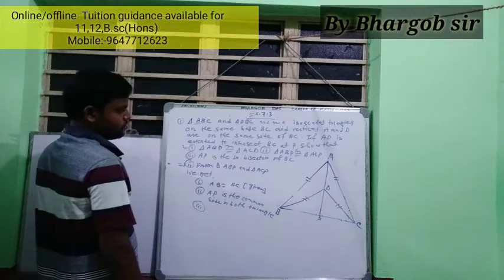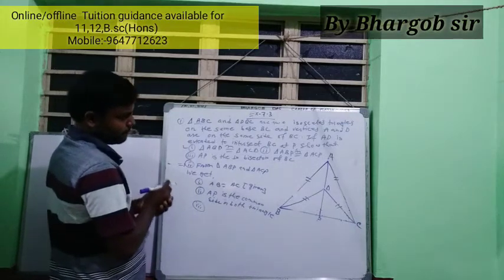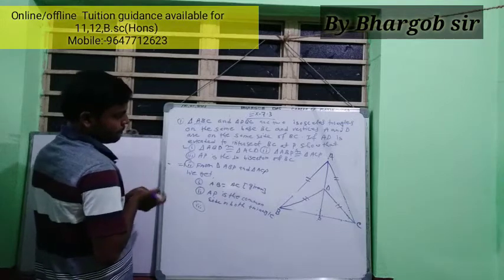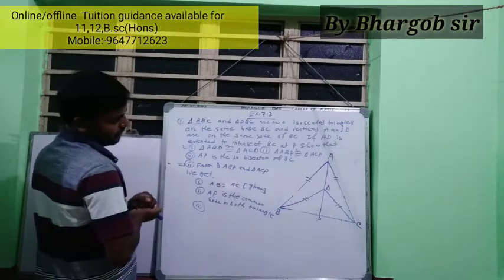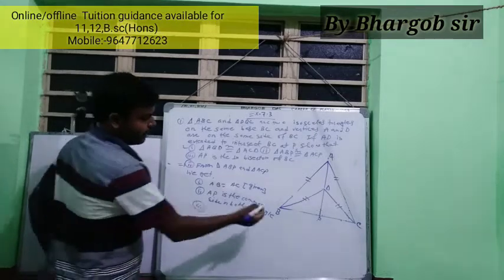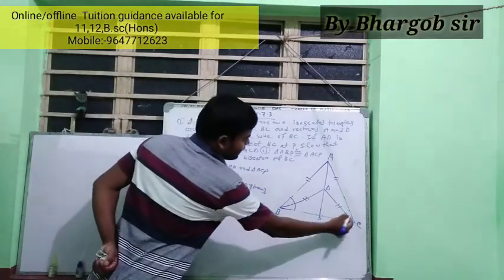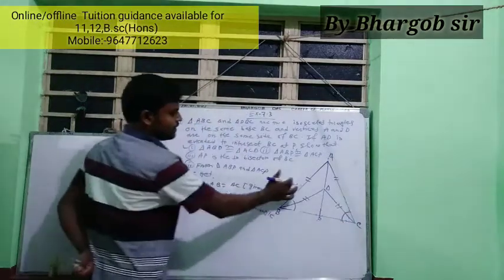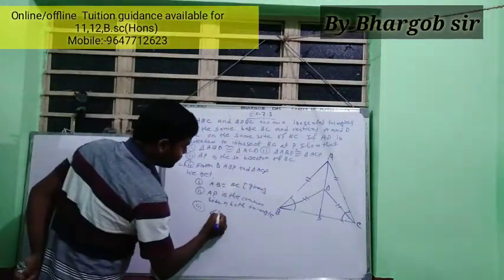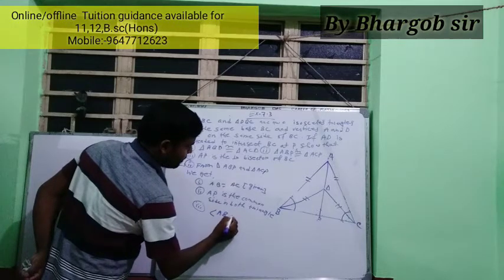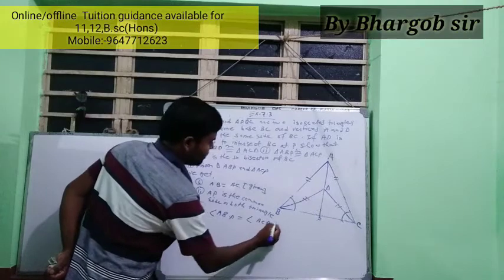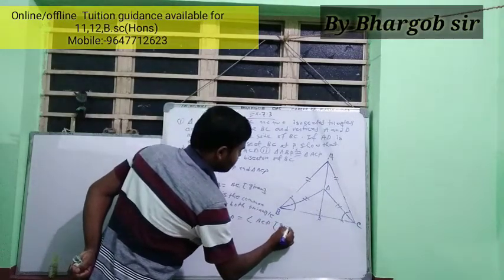And we have to take this angle and this angle as the same, because this side and this side are equal. So angle ABP equals angle ACP, that is given.